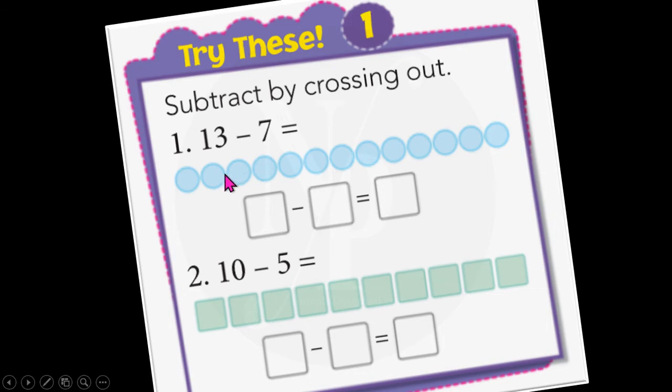So here some circles are given. Let us count how many circles are here. 1, 2, 3, 4, 5, 6, 7, 8, 9, 10, 11, 12, 13. Yes, 13 circles are given. And in this question, we are given 13 minus 7. That means we have to subtract 7 from 13.